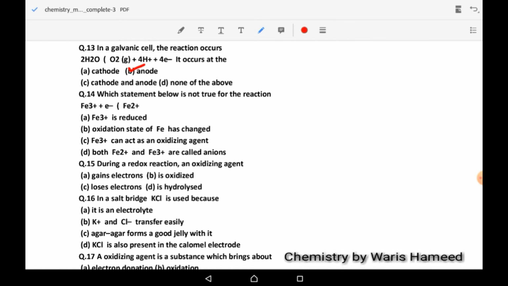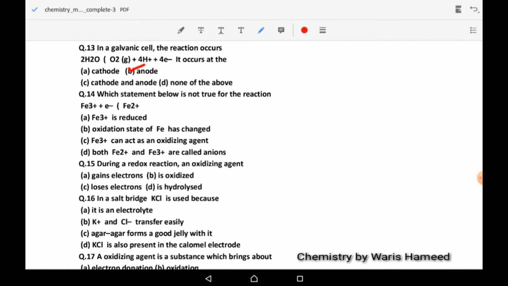In case of 14th MCQ, which statement below is not true for the reaction? In this, iron plus 3 ion accepts 1 electron and converts into Fe plus 2. It is a reduction process. Iron is reduced. A is correct. B, oxidation state of Fe has changed. This is also a correct statement.